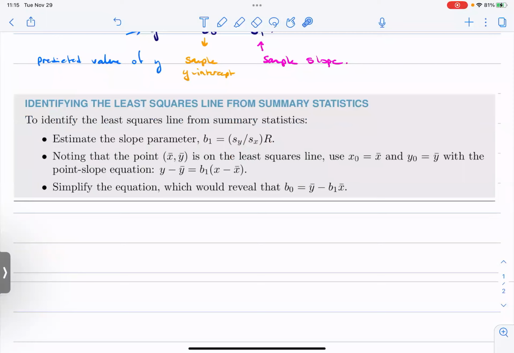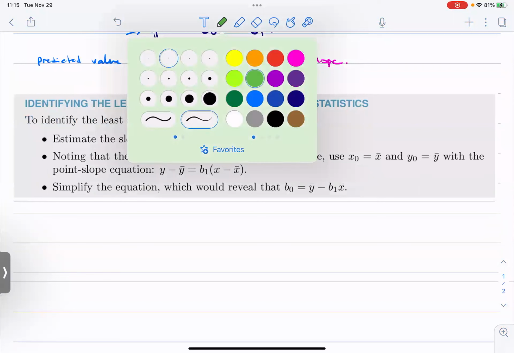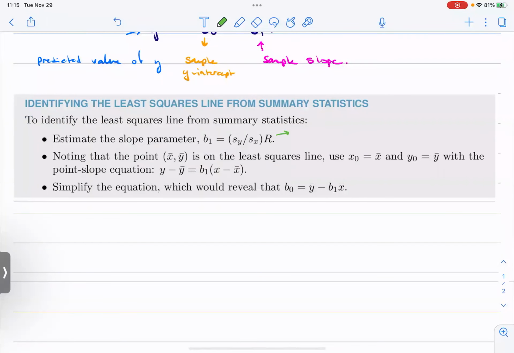What's the big R? That's the correlation. R is little r, which is the correlation. I use little r. I get why they want to use big R, but I can't.